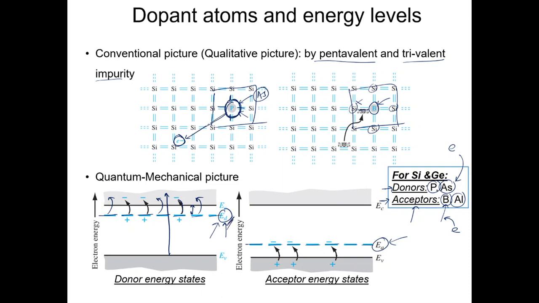Similarly, if there is enough energy available in the system, which is proportional to the gap between EA minus EV, which could also be a thermal excitation, then the electrons from the valence band will actually get captured in this acceptor state, and therefore it will leave a hole in the valence band. So that's how the electrons or the holes are introduced when an impurity is introduced in the system.